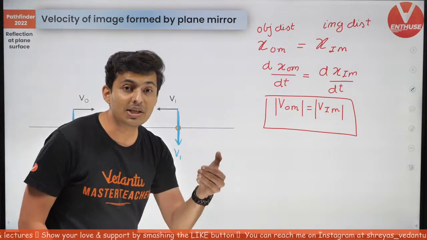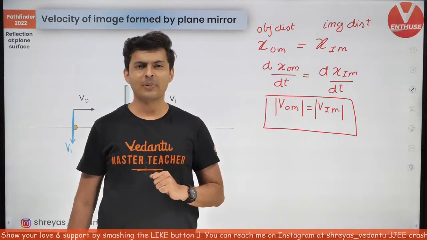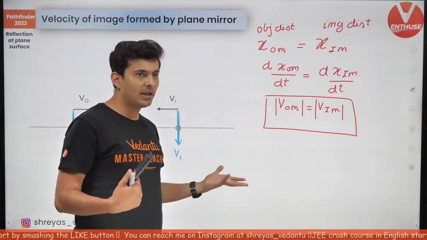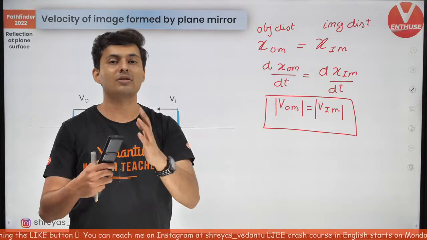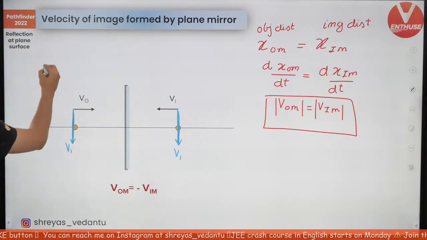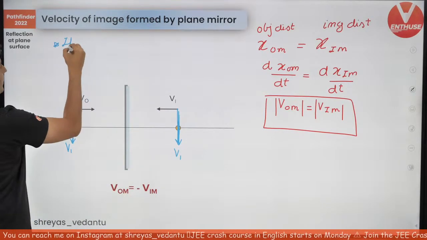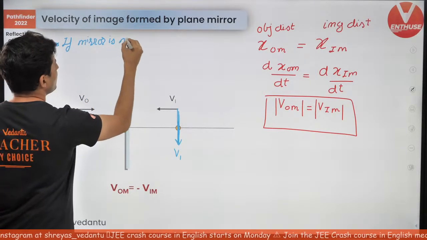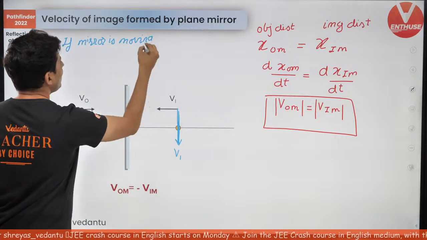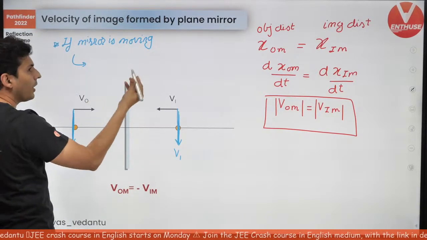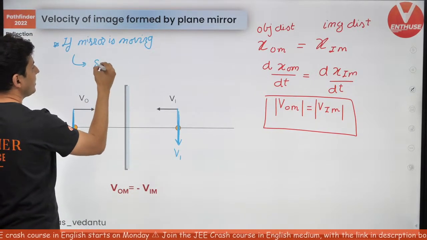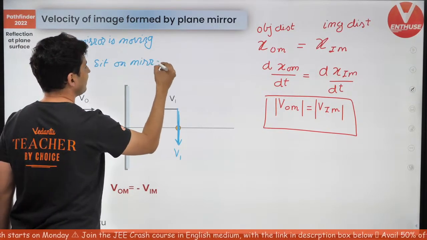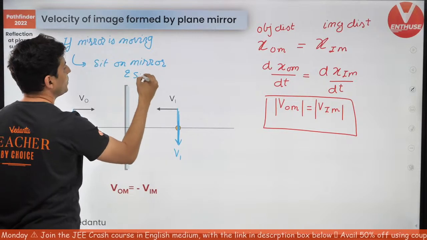Now, there will be questions where mirrors are moving. What will you do in that case? Just understand, if the mirror is moving, sit on the mirror and solve the question. I will repeat. If the mirror is moving, simply what you need to do to solve it is sit on the mirror, not literally, make the mirror a frame of reference and solve the question.